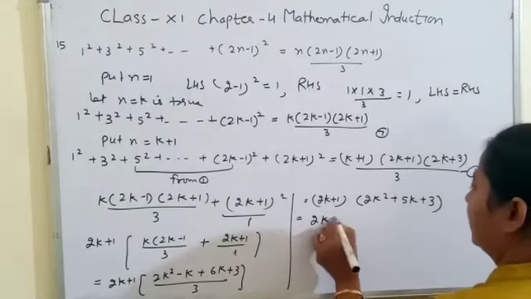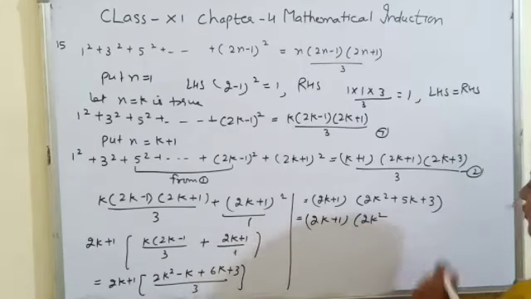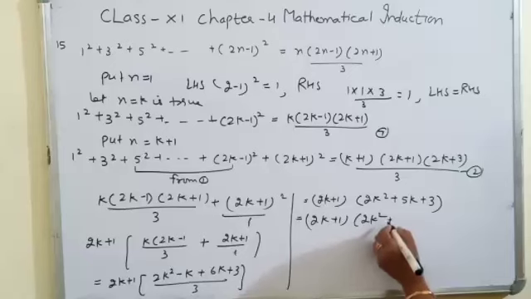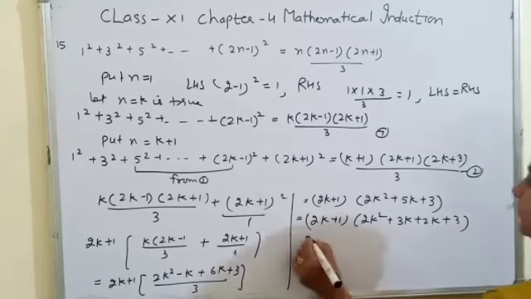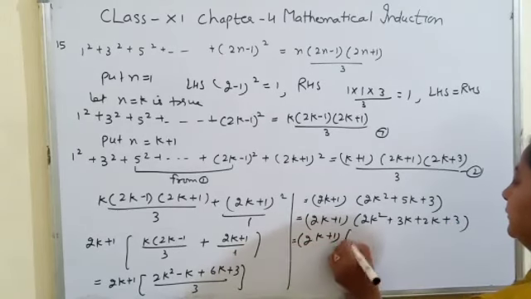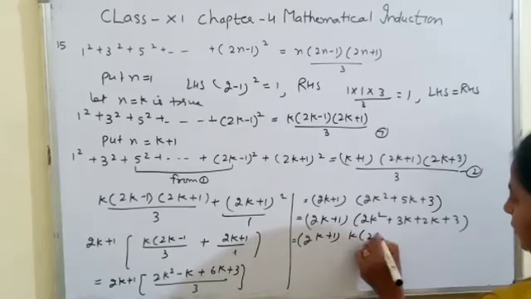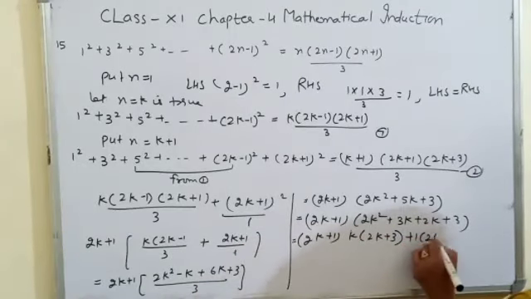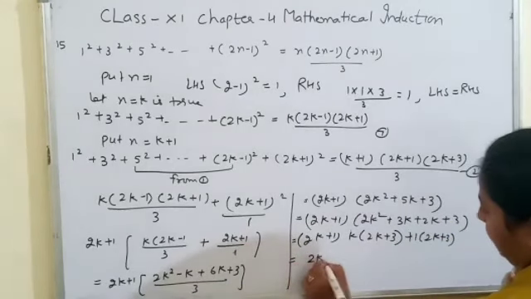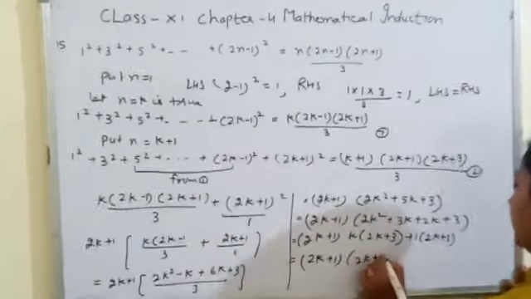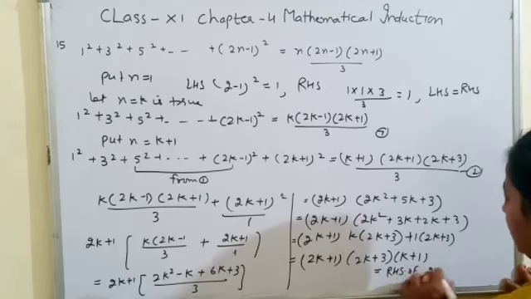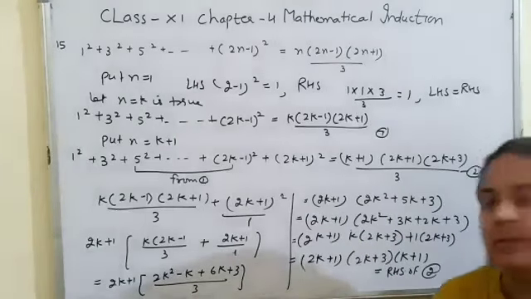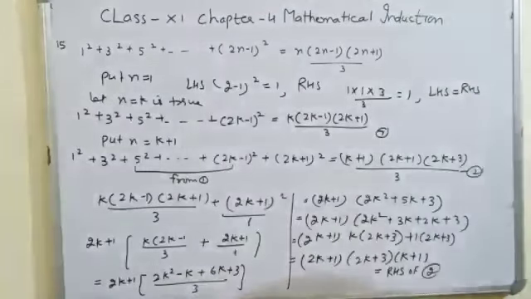So make the factors by splitting the middle term: 5 into 3 and 2, so 2k square plus 3k plus 2k plus 3. Take k common: k(2k plus 3) and 1(2k plus 3). So factors are (2k plus 3) and (k plus 1), equal to the right hand side of the second. So by using the principle of mathematical induction, k plus 1 is always true whenever the statement is true for k.